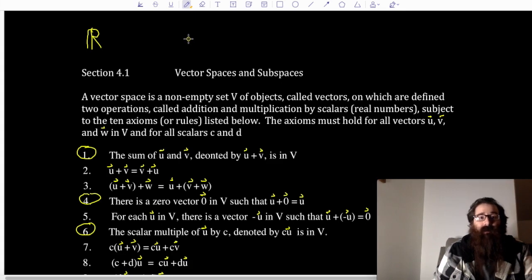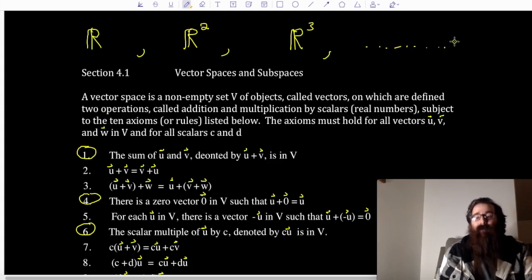Or if I want to talk about our Cartesian plane, R2, it's another example of a vector space. If I want to work in 3 dimensions, R3 is a vector space, and so on and so forth. It doesn't have to stop here. R2, R3, for example, are all vector spaces. But I can continue on.